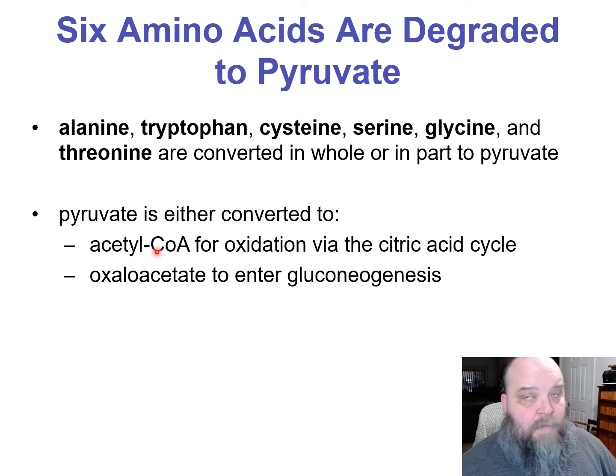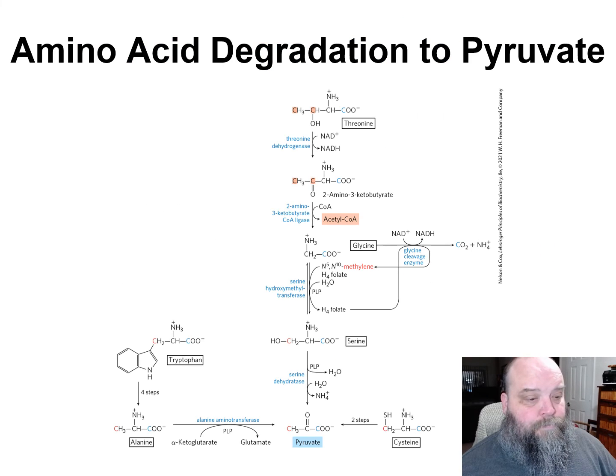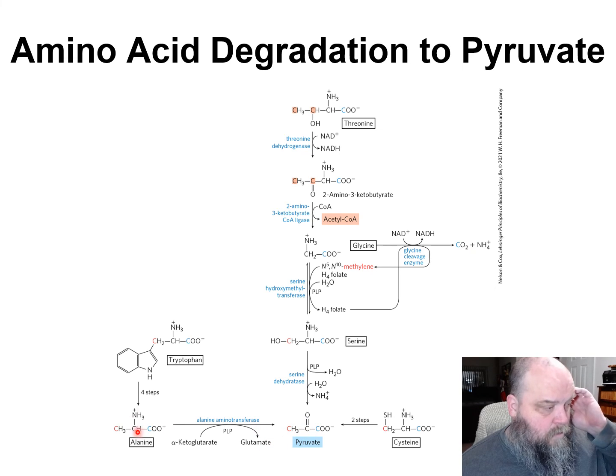The pyruvate either then becomes acetyl-CoA, goes into the citric acid cycle, or these are going to be large enough, or almost large enough, where you can just add either a carbon dioxide or a carbonate onto it, and then you can get oxaloacetate, which can then go to gluconeogenesis. And here's the different, tryptophan through numerous steps can become, here you get this cleavage of these chains off here, and you get alanine.